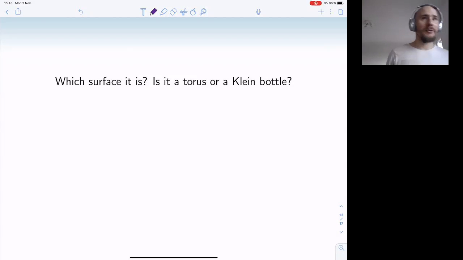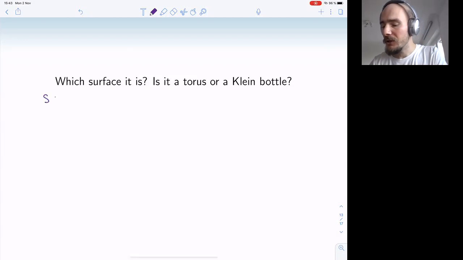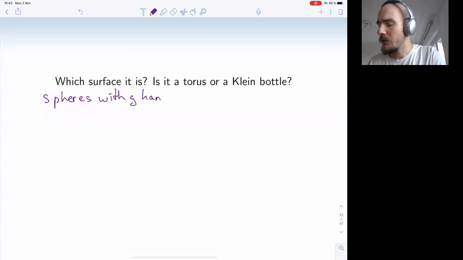So let me give you a very quick recap of what we know about surfaces. We know that surfaces are either a sphere, so closed two-dimensional manifolds, spheres with g handles.